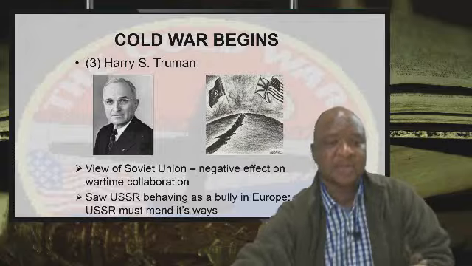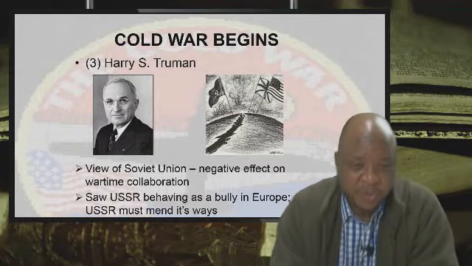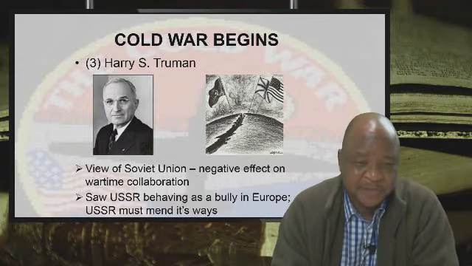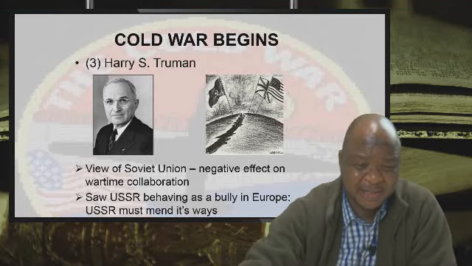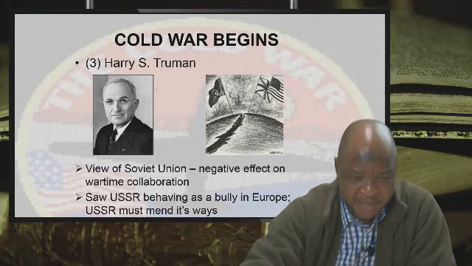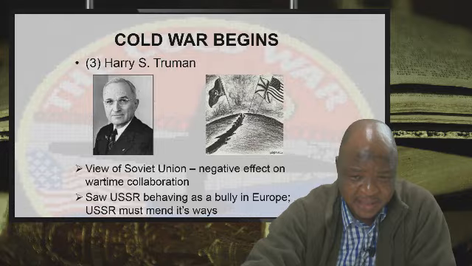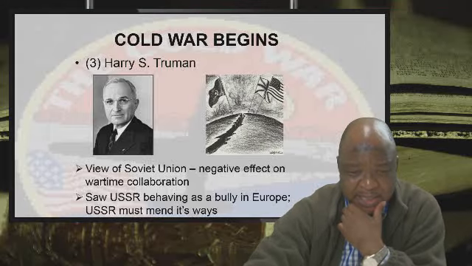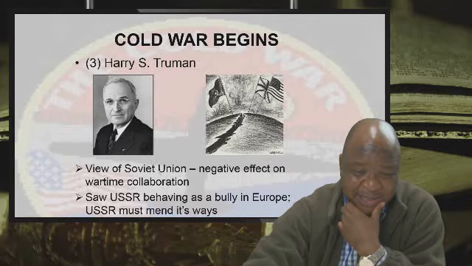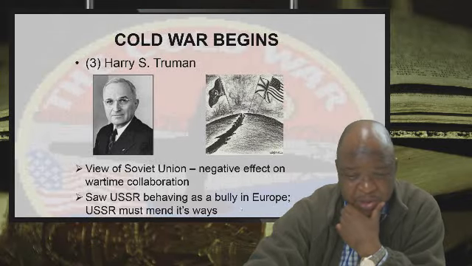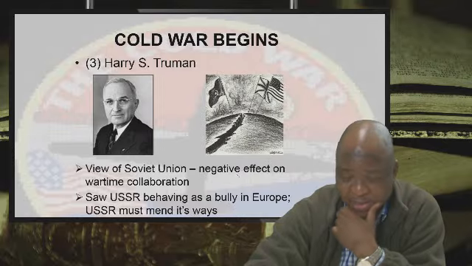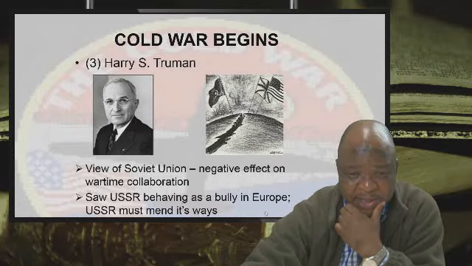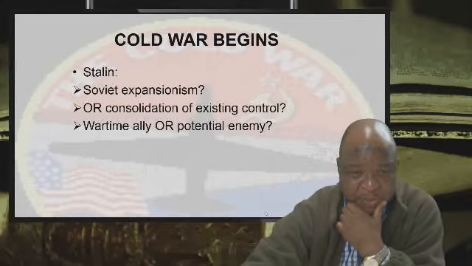And then here we are talking about a leader who took over after Franklin Delano Roosevelt. And he was not as accommodating of the USSR as Franklin Delano Roosevelt had been. That's why we say his view of the Soviet Union had a negative effect, because he really didn't want to allow the USSR to bully Europe, because he felt that the USSR was proving to be a bully and she wanted to bully the rest of Europe.